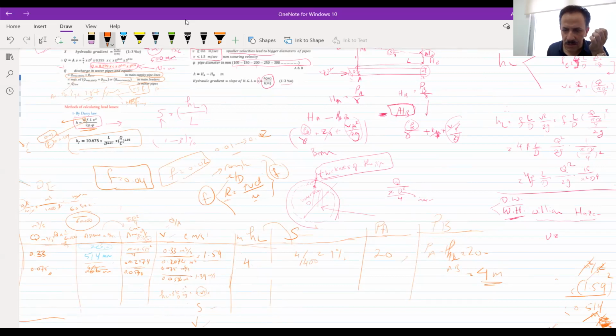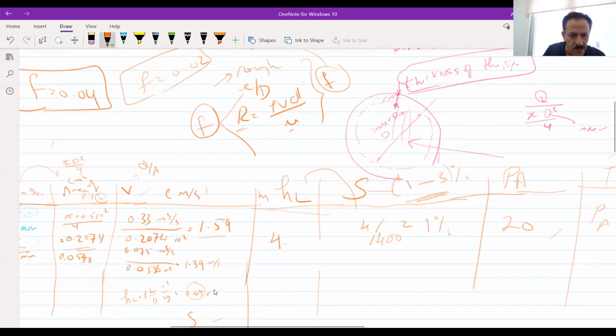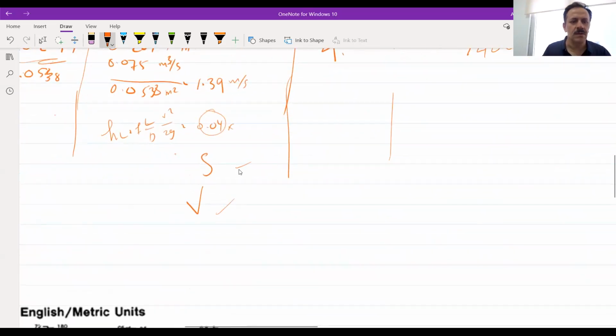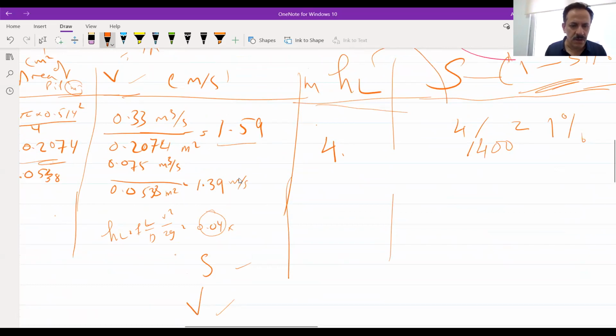The head loss is 1, so the pressure at B is now 19. So the head loss is 1, which is accepted because the slope should be between 1 and 3. This is the design requirement. Now for the second pipe, we said we have to find the length. We say the length is 200 meters.